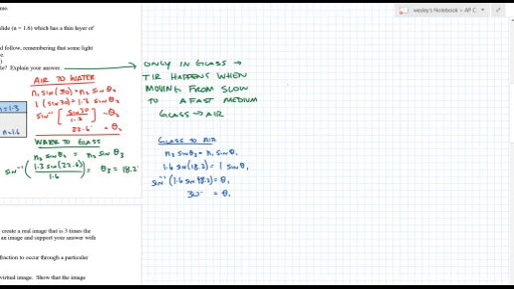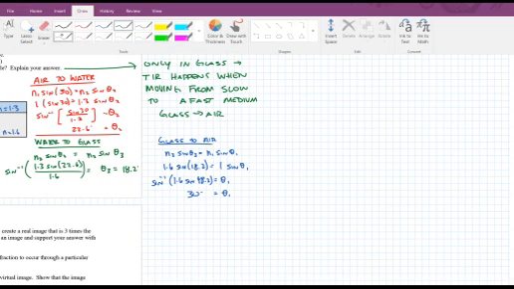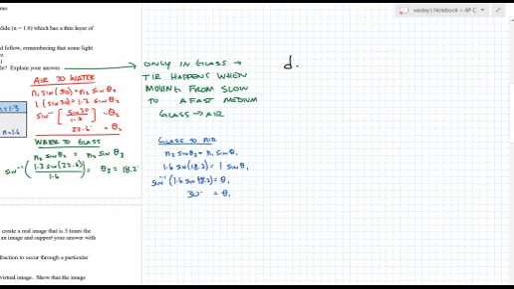Calculate the speed of light in each medium. So we'll do part D right here. So air, water, and glass.